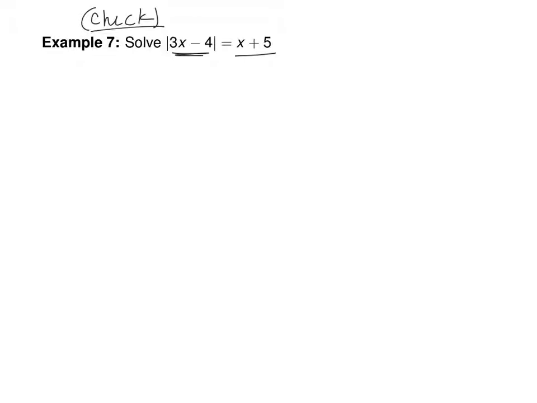Otherwise, the process is very similar. You solve one equation, that's 3x minus 4 equals x plus 5. And you solve another equation, that's 3x minus 4. Here's the one tricky thing. It equals negative parenthesis x plus 5.